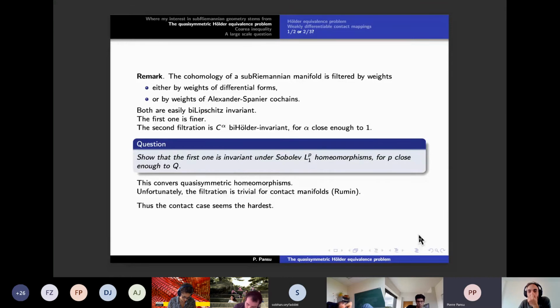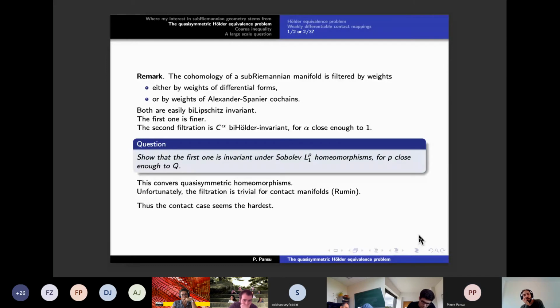Let's say cochains which are more naturally transported by homeomorphisms. And then this version, which can be compared with the filtration with differential forms, is bi-Lipschitz invariant, obviously, by construction, and even covariant under Hölder homeomorphisms. And so, in particular, invariant for Hölder maps with exponents close enough to 1.